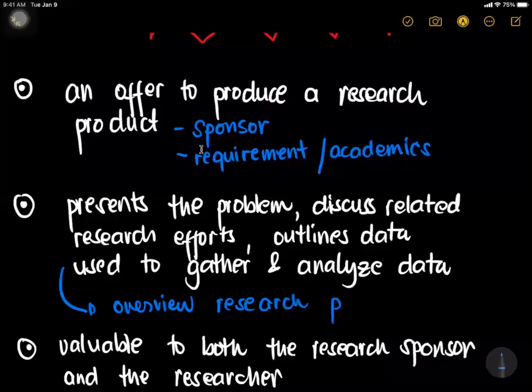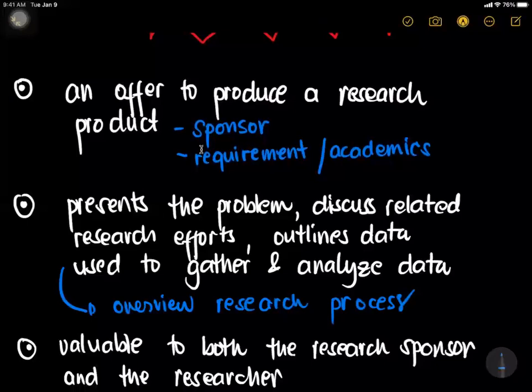Because in here, remember that you have to convince your sponsor, or in the school as an academic requirement, you have to convince the panel to give you, the research proponent, the go signal or the approval to conduct your study.